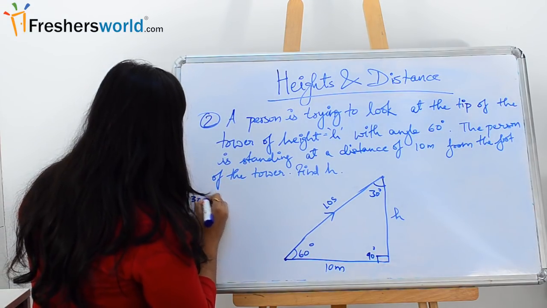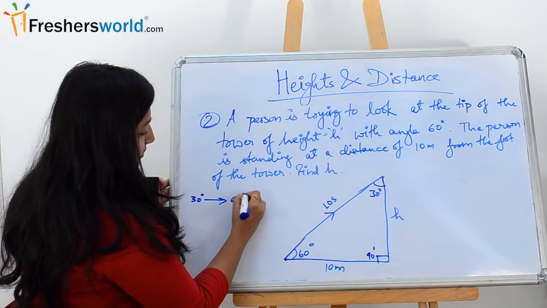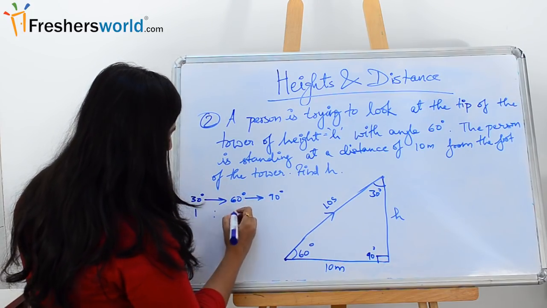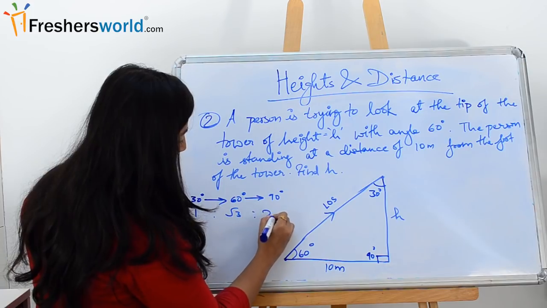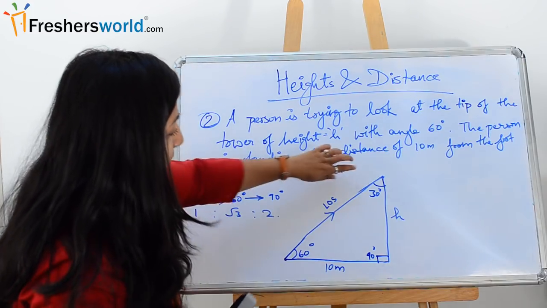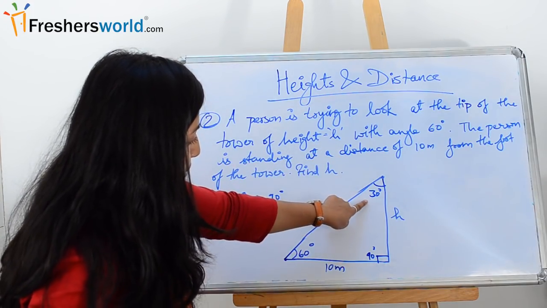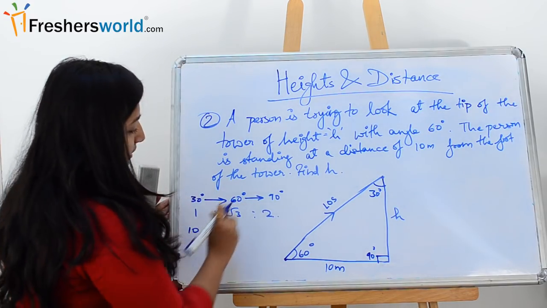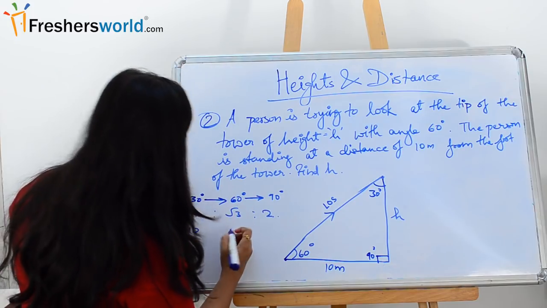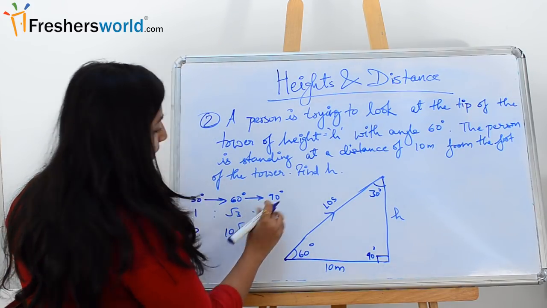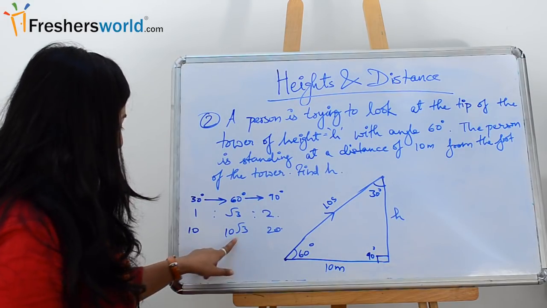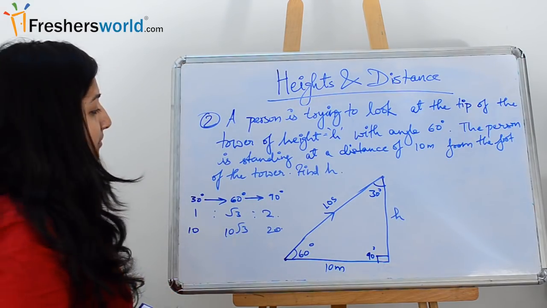So 30 degree, 60 degree, 90 degree, which is 1, √3, 2. Now the side opposite to 30 degree is 10. Let's put 10 here. Then what will be 60 degree? It will be 10 √3. What will be 90 degree? It will be 20. So 10, 10 √3 and 20.